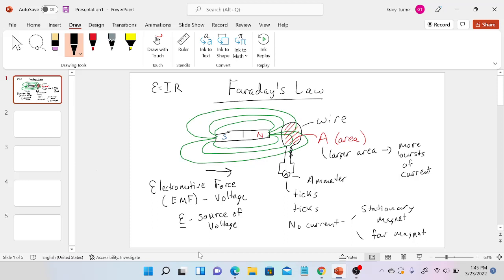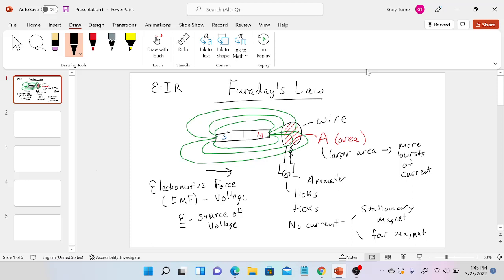But again, the current is not constant, it is a burst of current. And you notice that the current changes when the magnet is pushed toward the coil or pushed away from the coil, or the magnitude of the current changes when you change your area.